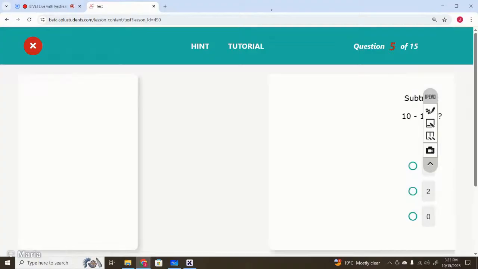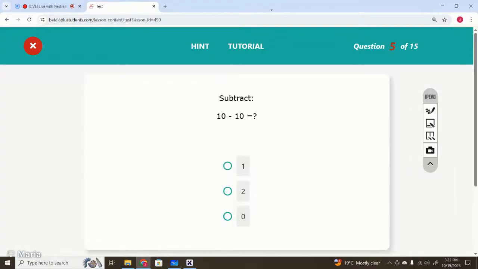Option number 2 is the correct option. Ten take away 10 is 0. Option number 3 is the correct option.